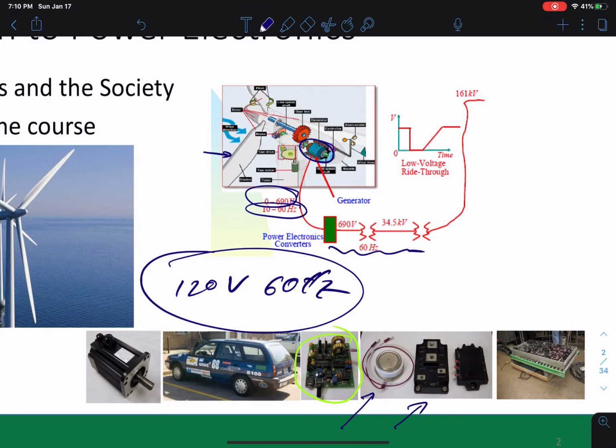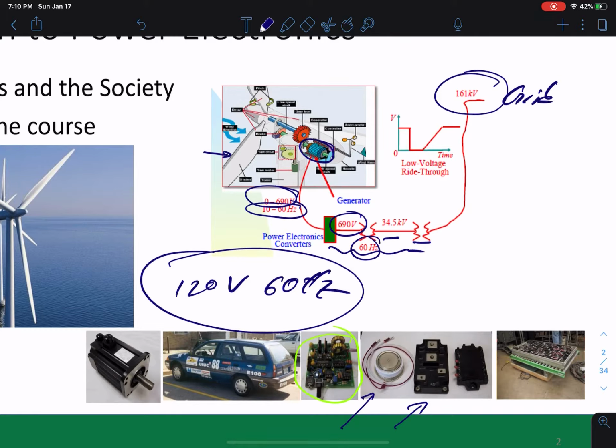What it does is take this variable frequency and variable voltage and make it a fixed voltage and fixed frequency. So think about what goes inside the black box, how you can do that. After you have that, you have a transformer to step it up, and ultimately make it 161 kV for this particular application to connect to the grid. The grid system over here is 161 kV, all right?